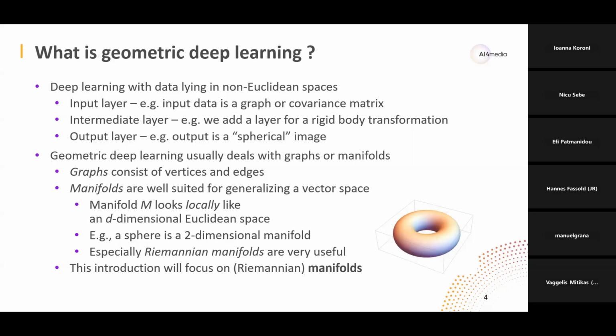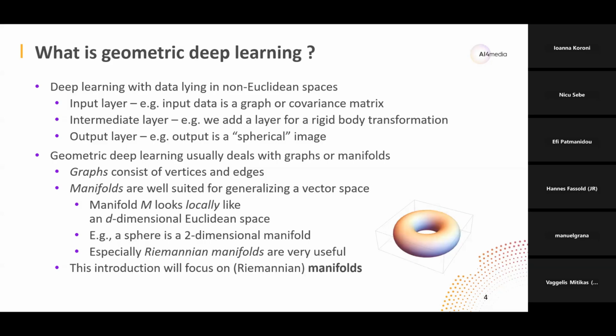So they are really well suited for that, and they are quite easy to grasp. The main property of a manifold is that it looks locally like a d-dimensional Euclidean space. The simplest manifold for sure is a sphere. So a sphere is a two-dimensional manifold.